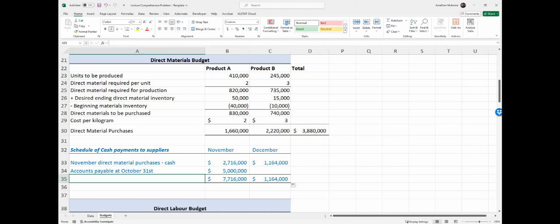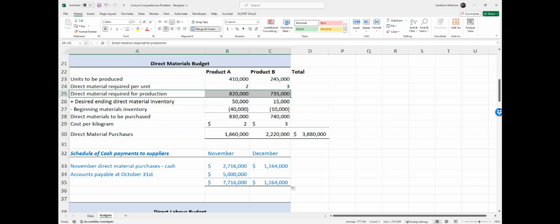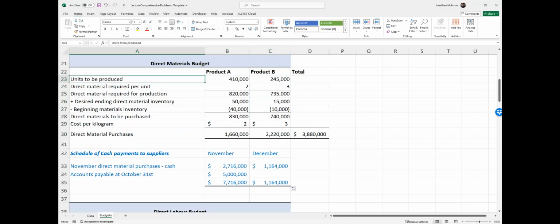Okay, so that's it. Again, I've gone over the direct materials purchases budget. You should be able to do that by now. Always remember, it's easy to break it down. The bottom line is, if you're looking at direct material, how much material do I need for production? You start with the units that you need to produce and the material required.